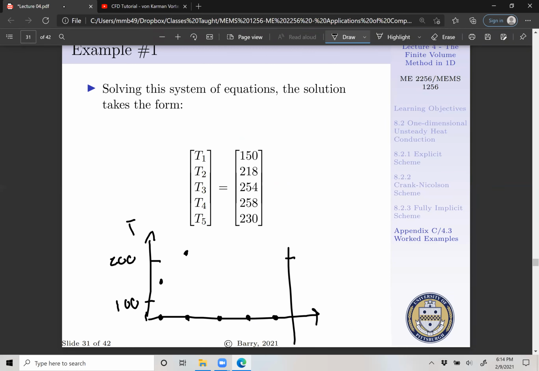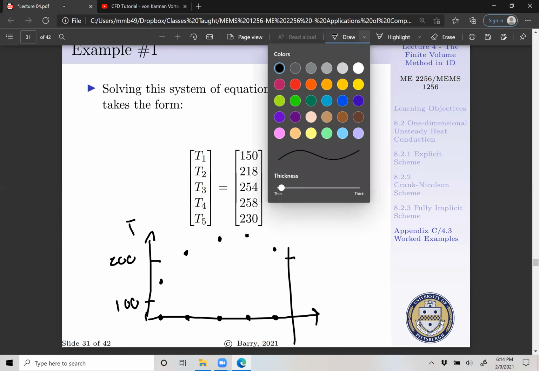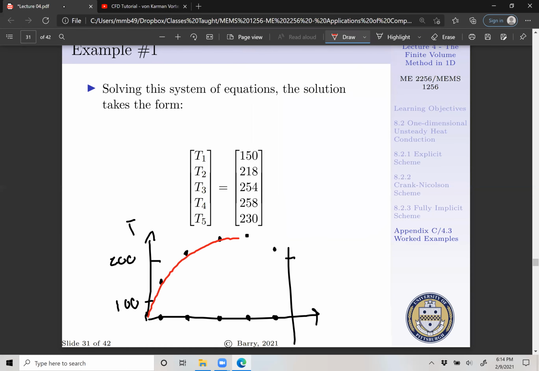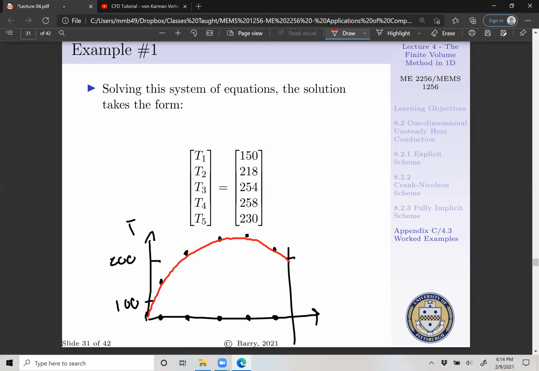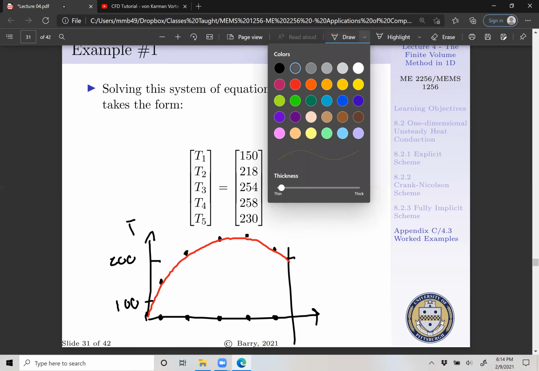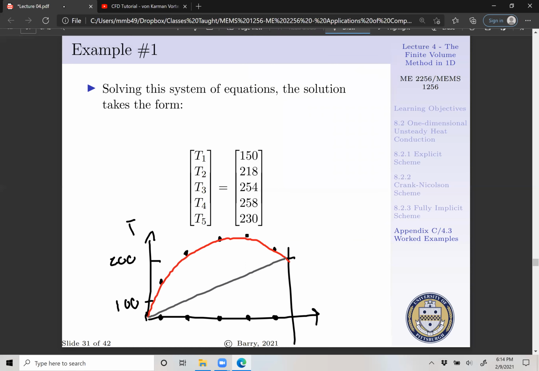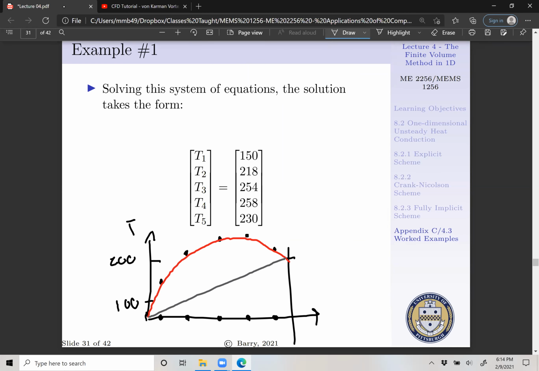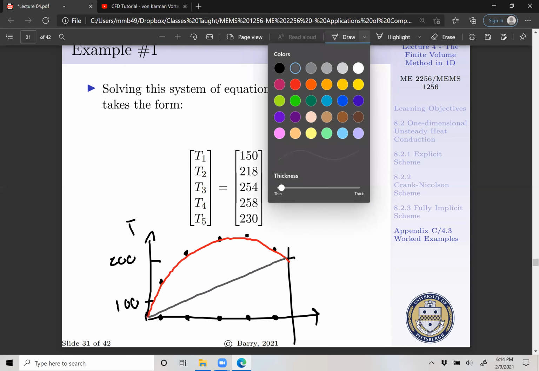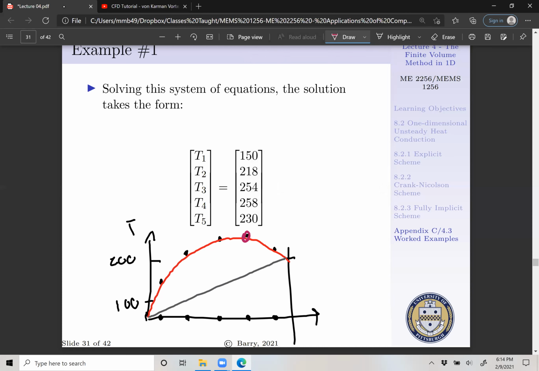Our third is 254. We have 258. We have 230, and then we're coming back down to 200. So the temperature distribution within the system is definitely not linear, and we see it is slightly skewed, right? Our highest temperature based upon where our nodes are is 258 at node 4.